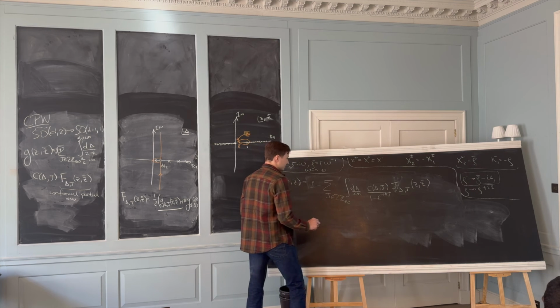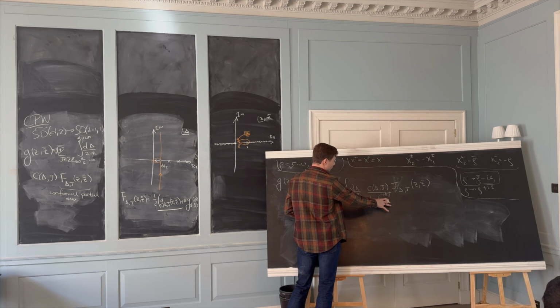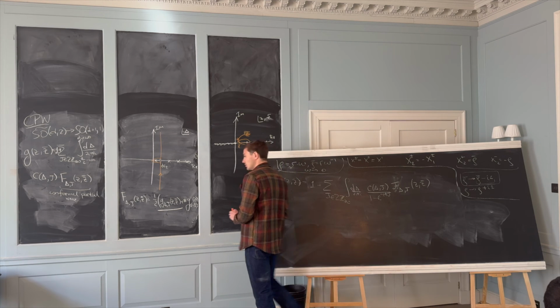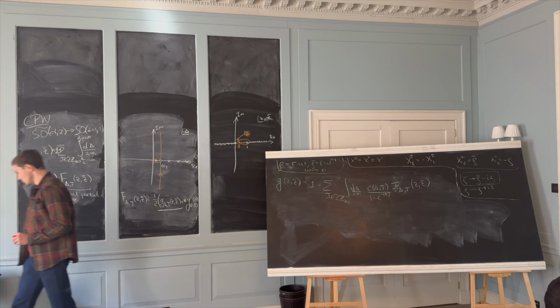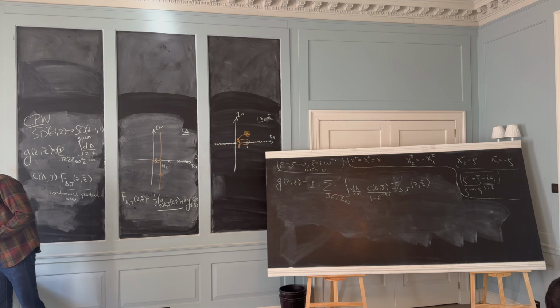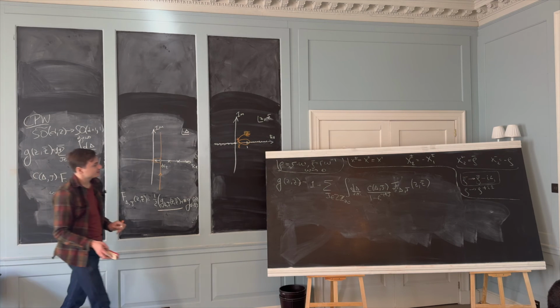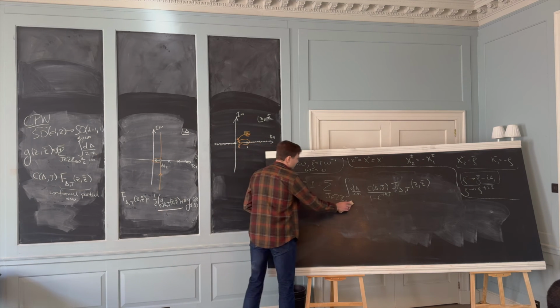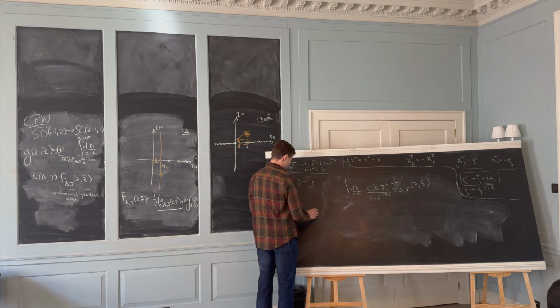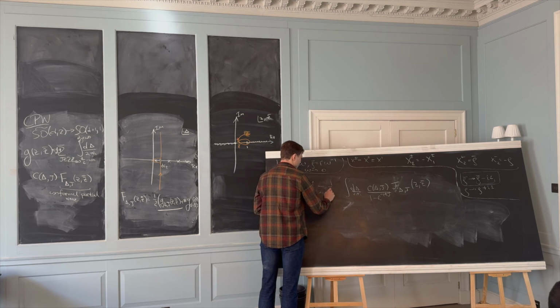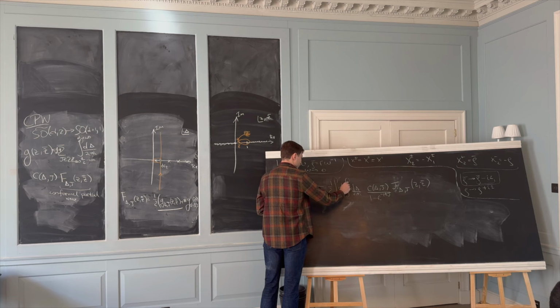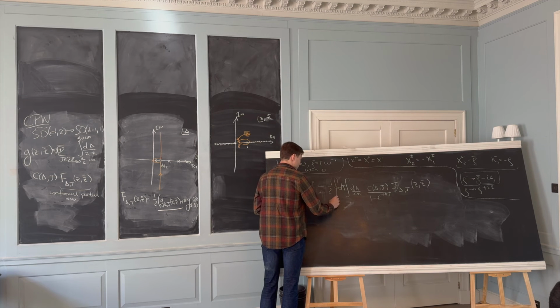And what this does is that it creates a pole at every even integer. And then we are going to replace the sum correspondingly by an integral over j over some contour gamma.